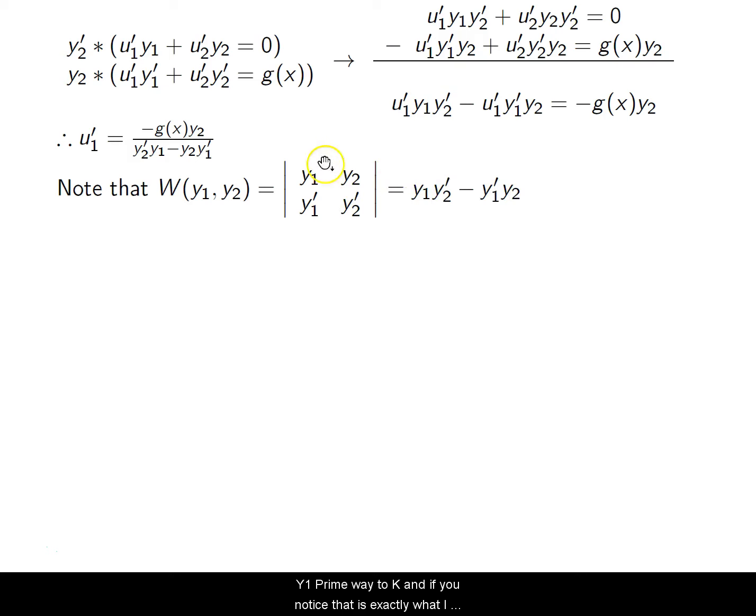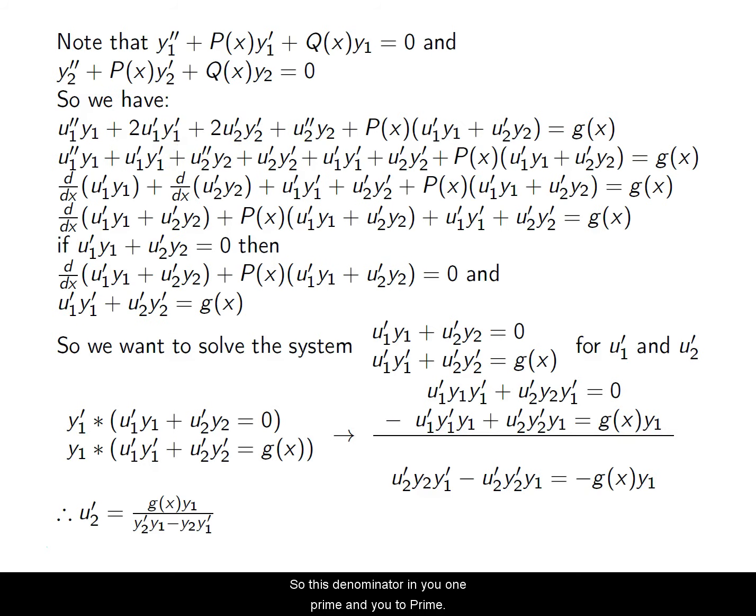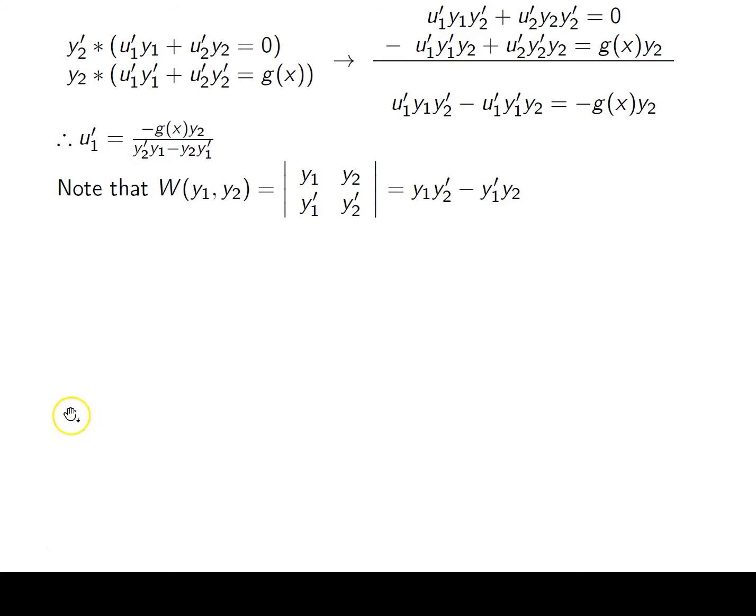Okay, and if you notice, that is the exact value of what I have down here: y2 prime y1 minus y2 y1 prime. So this denominator in u1 prime and u2 prime is just the Wronskian of the two functions that you're already given, or that you found from the homogeneous equation, right?